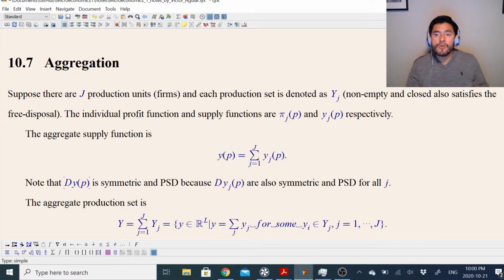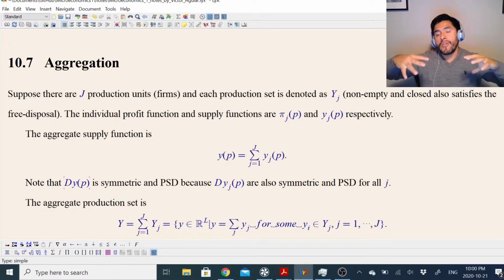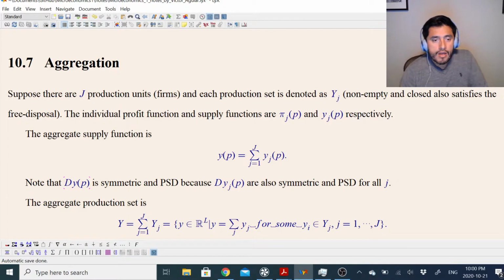So what I'm telling you is that in the case of firms, there is an equivalence between the decentralized problem of every firm in isolation maximizing profits, and the centralized problem, which means that I basically nationalize, take all the firms and put them together and then maximize profits there. They produce the same aggregate output, okay?